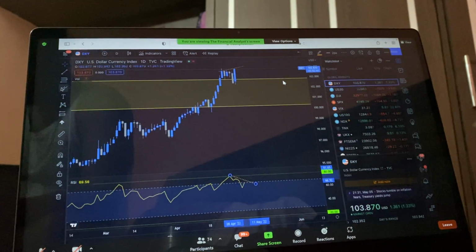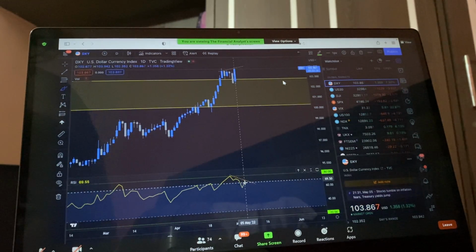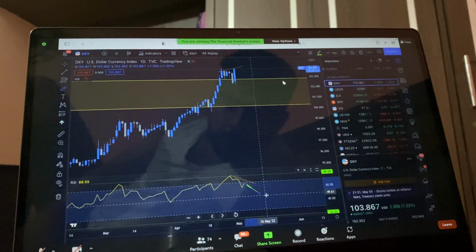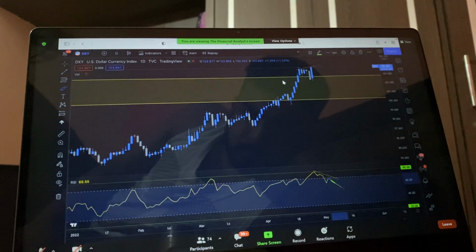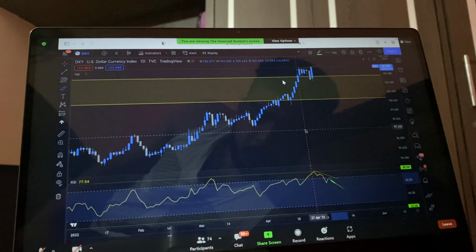But एक चीज मेरे को बताओ. Has the RSI yet formed a peak? Peak बनाया है या top बनाया है RSI ने? नहीं. So we cannot consider this as a divergence yet.